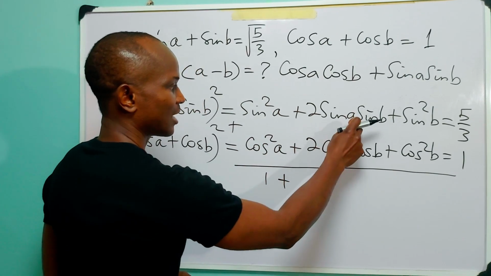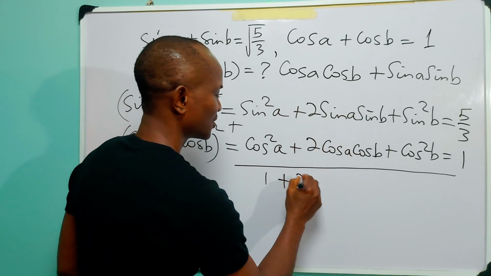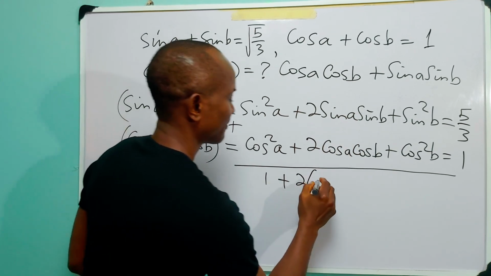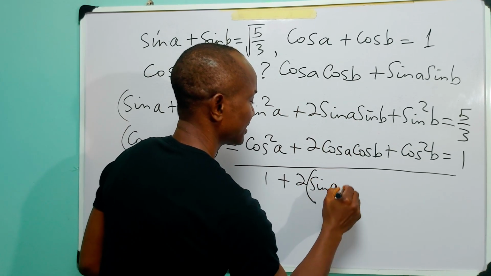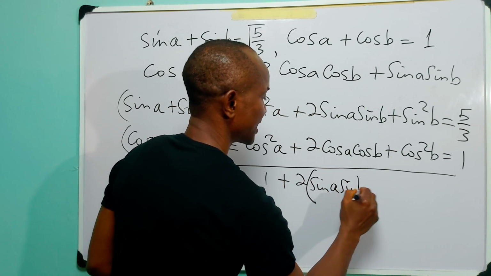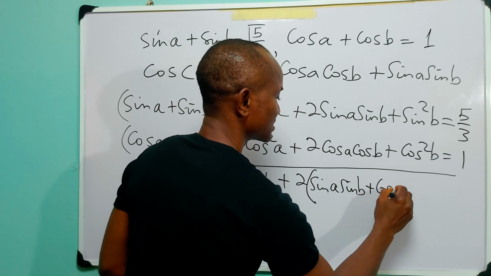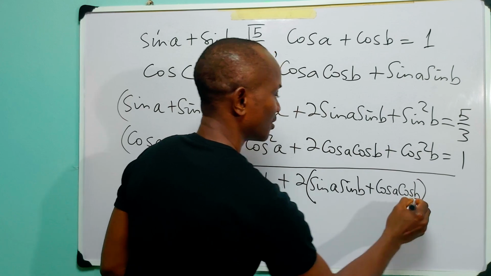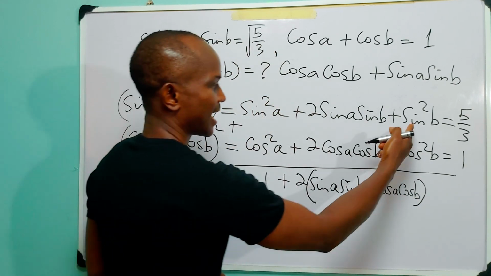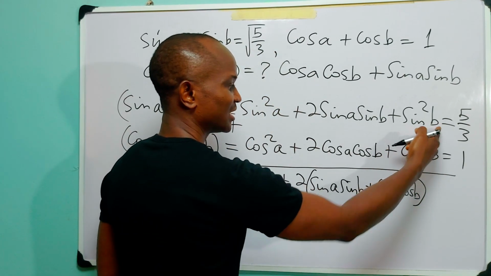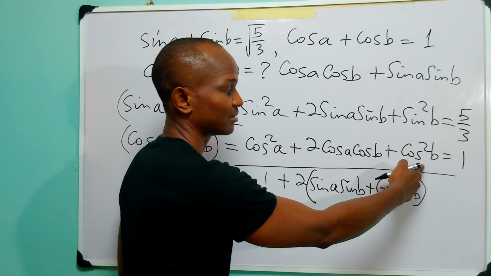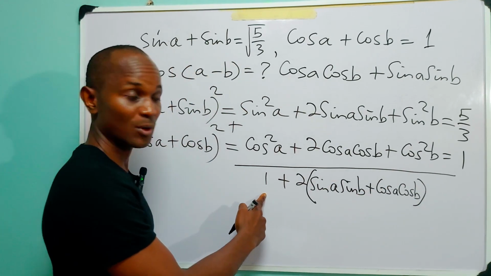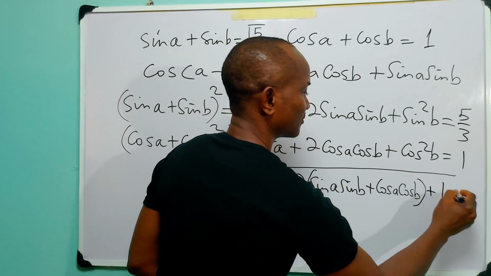Then plus. Now when we add these two, we have 2 into (sin A sin B plus cos A cos B). And lastly, we have sin squared B plus cos squared B. And once more, this is equal to 1.